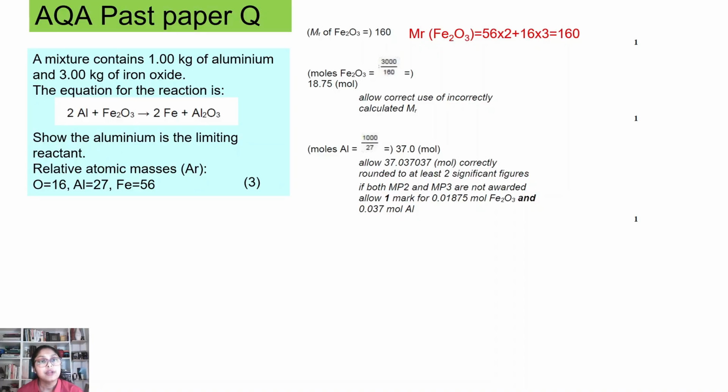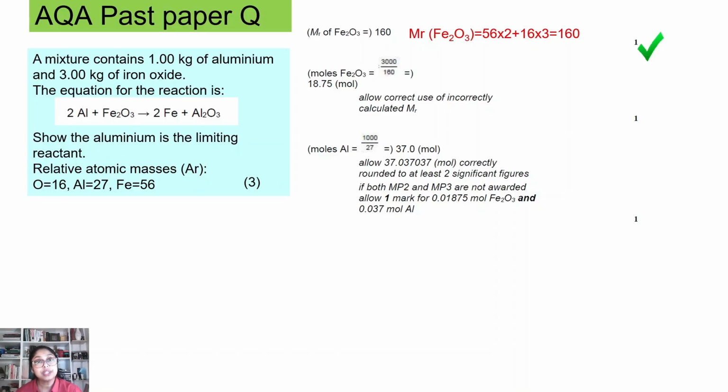For iron, 56 is the relative atomic mass, given in the question, so we multiply 56 by 2, because there are 2 atoms of iron in iron oxide, plus 16, the relative atomic mass of oxygen, times 3, because there are 3 atoms of oxygen in iron oxide. Altogether, if we add up, we get 160. So if you can do this, you get the first mark.